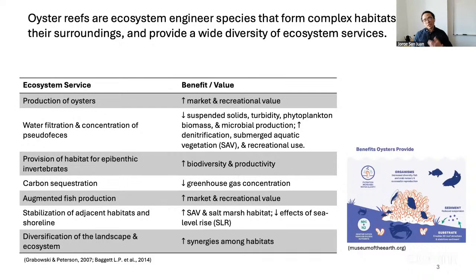They remove nutrients and turbidity from the water column, but they also provide structure, a habitat for invertebrates and small fish. In that way, these habitats help improve fish production, and also the economy of coastal communities, particularly on the East Coast.